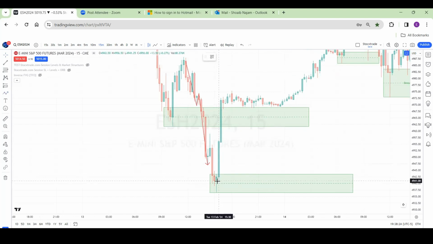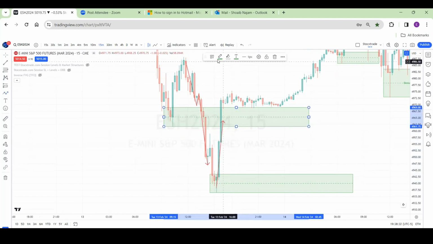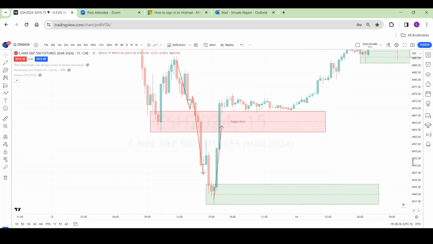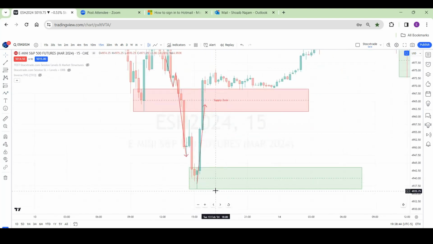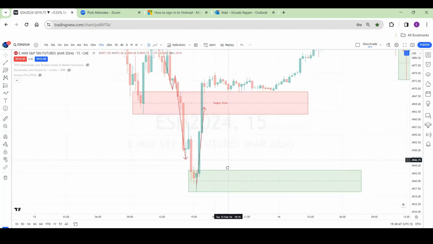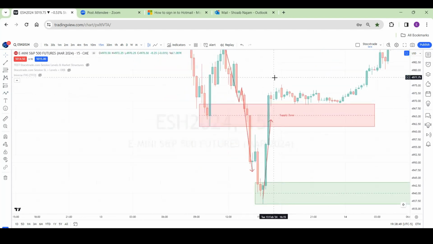The market also didn't stop at this demand zone, because once the price was going up, that demand zone will act as a supply zone. Okay. Now the market is going up. The supply zone is always on top, at the roof place, and the demand zone is always at the bottom, on the floor place.